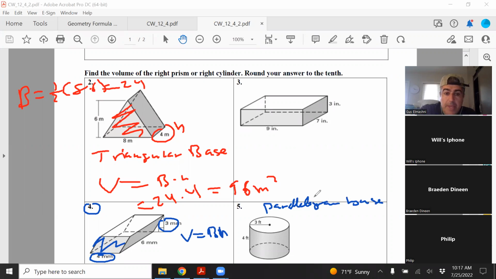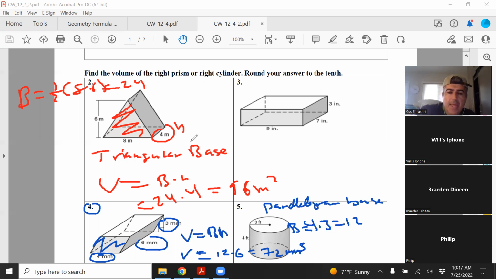So you have a parallelogram base, 4 times 3, which is 12. And then this is going to be the height of it. So if you took the parallelogram face and had it sit on the table, it would stand up by 6 millimeters. So you have 72 millimeters cubed.